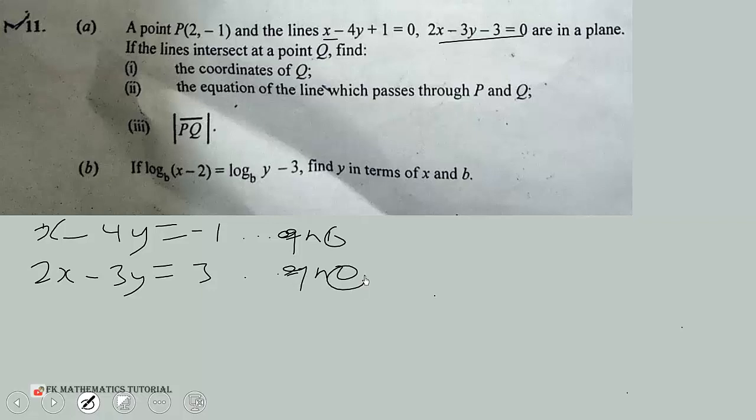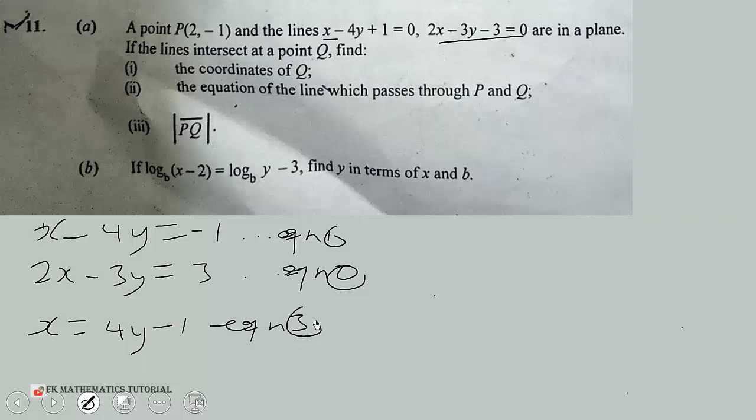So the equations are in standard form now. Now we need to solve for x and y. So let's make x the subject in the first equation. x equals 4y minus 1. We can call this equation 3.